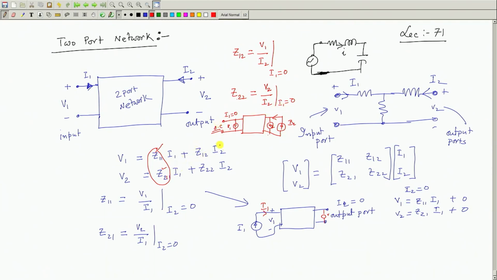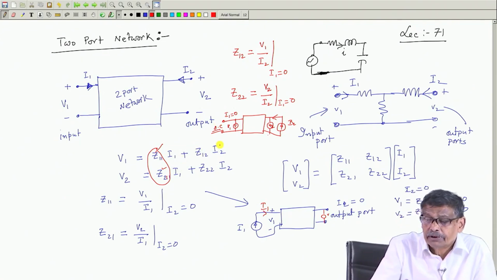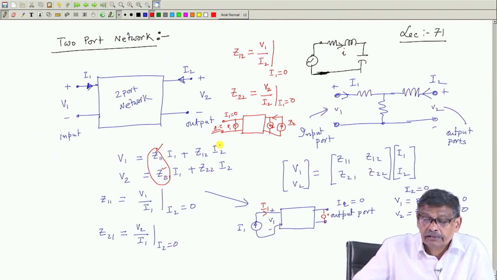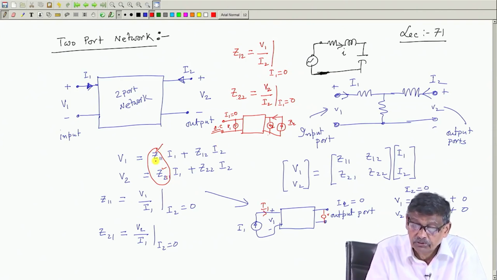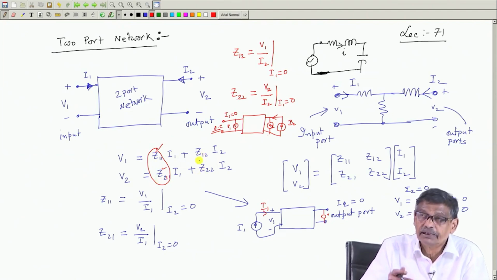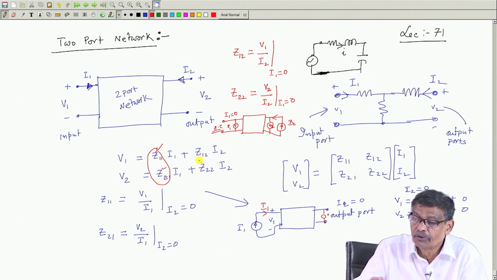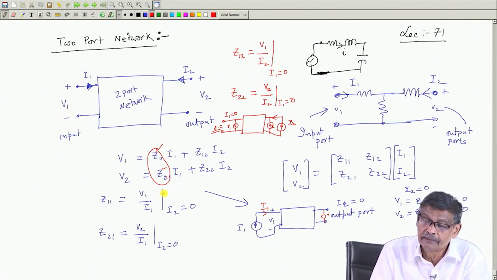So, all the 4 parameters can be obtained, provided this network is a good candidate, so that it can be represented as a 2-port network. You get the values of Z11, Z12, Z21 and Z22 by doing simple experiments: keeping this port open, exciting the other port with a current source, you get 2 parameters.